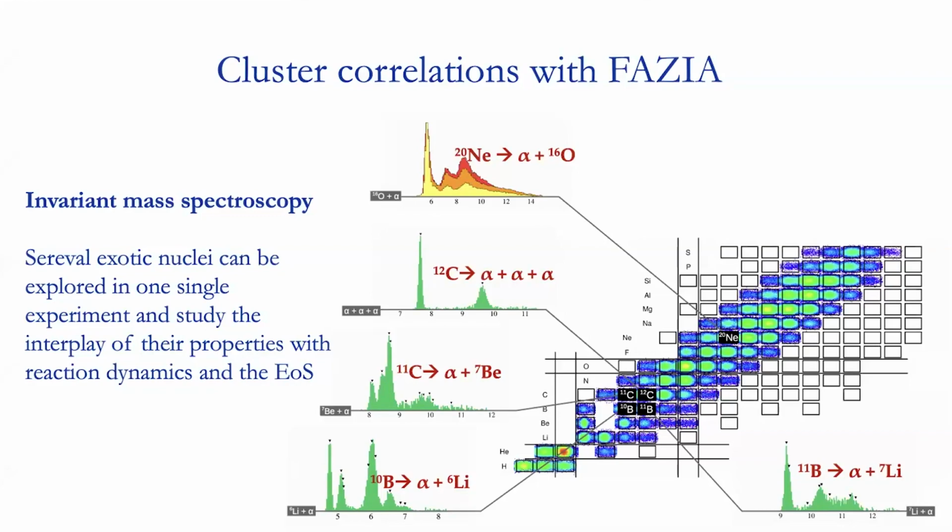And you have all of this in just one single experiment. So we hope that in the future facilities where you can have deep beams and push more towards the proton drip line, or push more in the neutron-rich side, we can increase the amount of nuclear structure information in the same experiment and link the structure properties that we observe to the bulk properties of the equation of state.